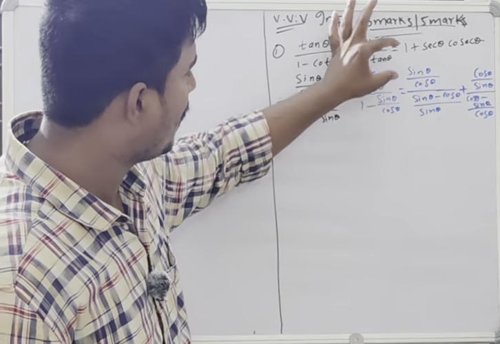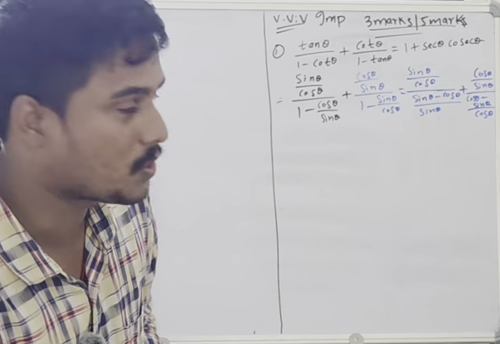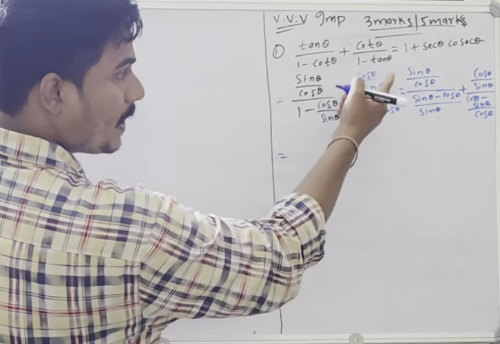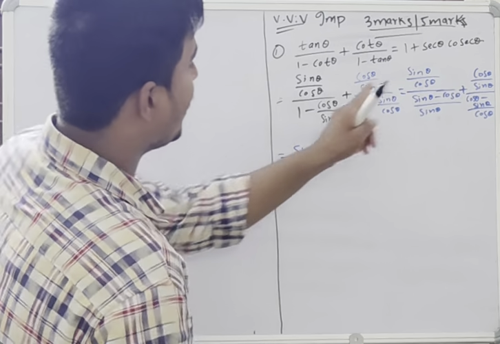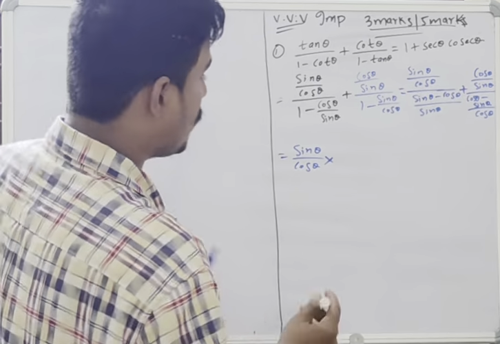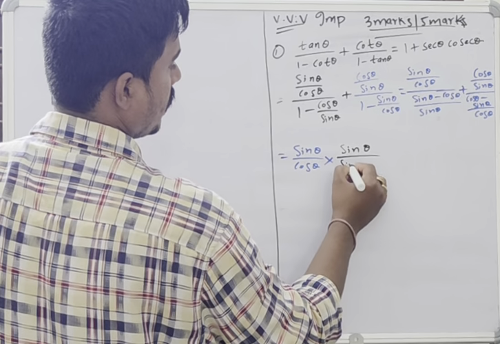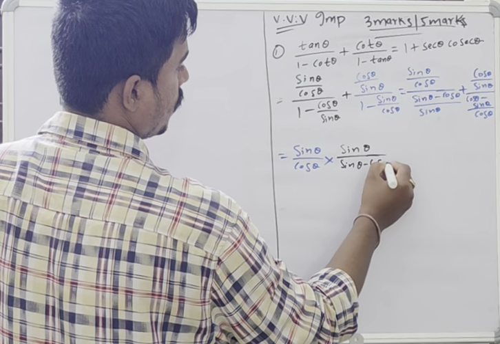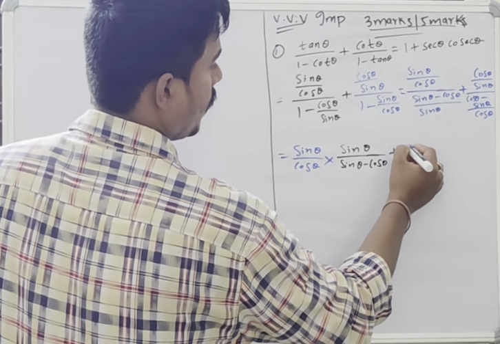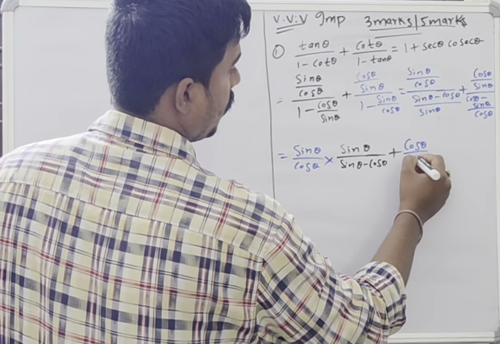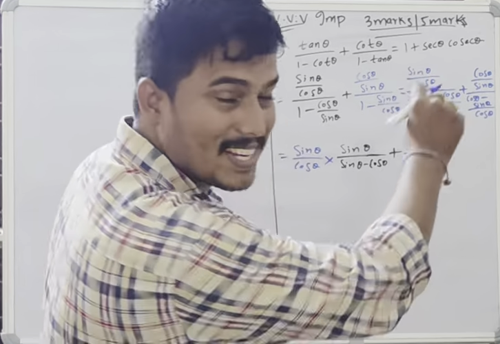Now if you see here, this is a by b by c by d division, so we'll do the reciprocal. Let us do that step. The numerator stays as it is, sin theta by cos theta. This division changes to reciprocal, so it becomes sin theta by sin theta minus cos theta, plus this numerator as it is, no change, cos theta by sin theta into, because this division changes to multiplication, and they change their places.